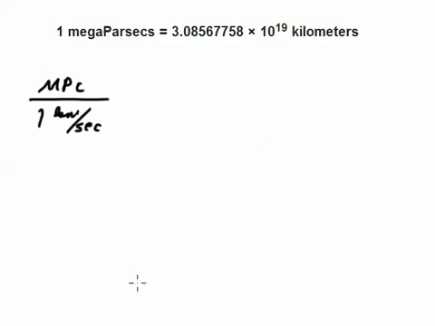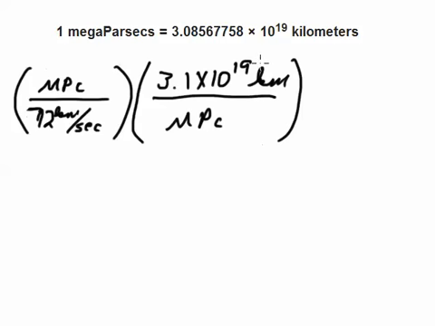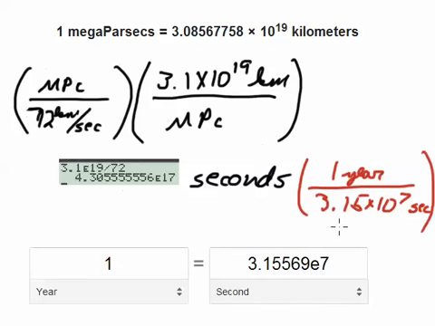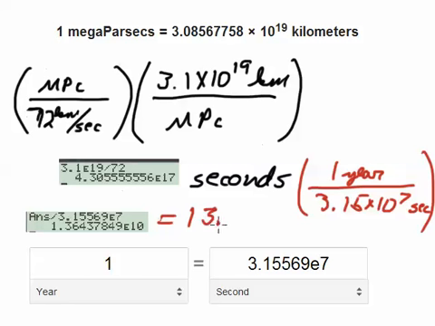Using this, I start with 1 kilometer per second per megaparsec, or the reciprocal of that, times Hubble's constant, which is 72 kilometers per second per megaparsec, and multiply that by 3.1 times 10 to the 19th kilometers per megaparsec, which gives you 4.3 times 10 to the 17th seconds, and I want to multiply that by about 3.15 times 10 to the 7 seconds per 1 year, which gives me 13.6 billion years.